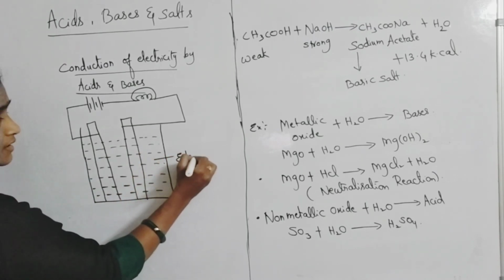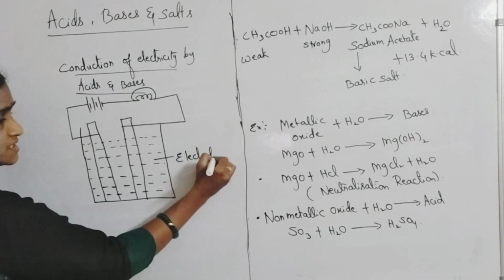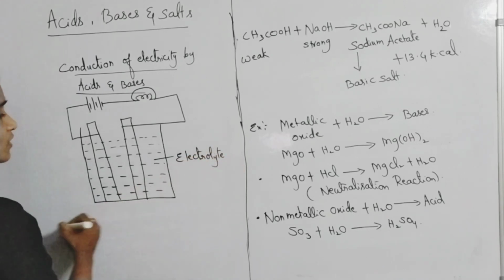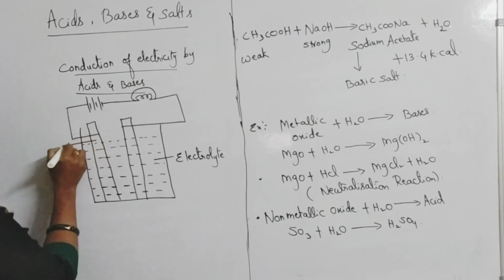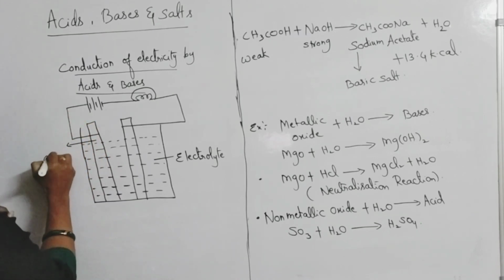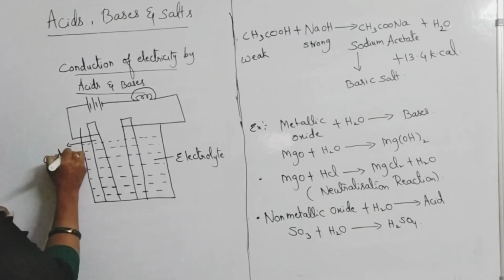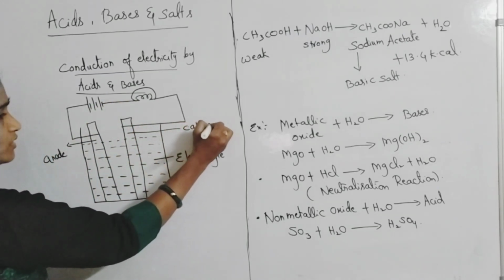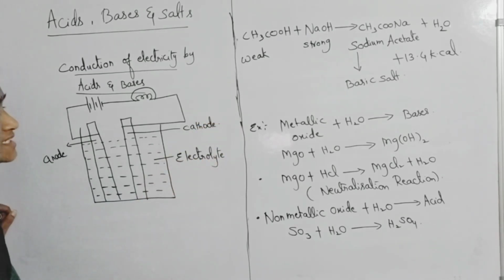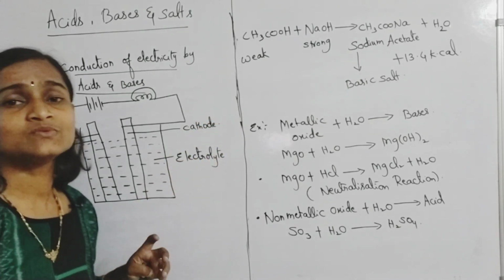The terminal connected to the positive terminal of the battery you call the anode, and the one connected to the negative terminal you call the cathode. So these two metal plates serve as electrodes.